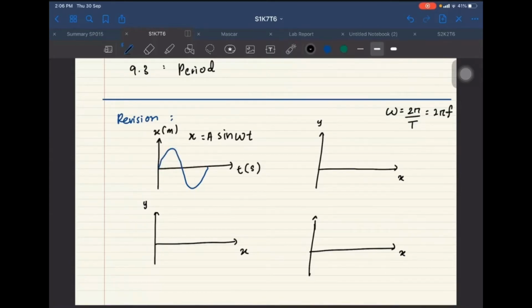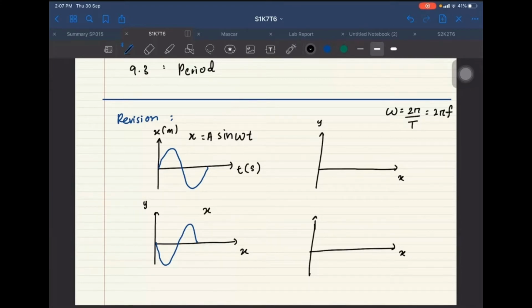Okay, let's look at a different example. Let's see if I have a graph that looks something like this. What function should I use? What trigonometric function? Is it still sine or is it different? Negative sine, sir?